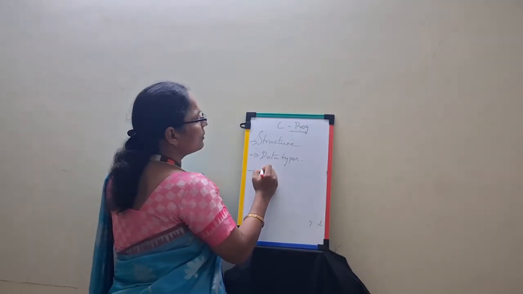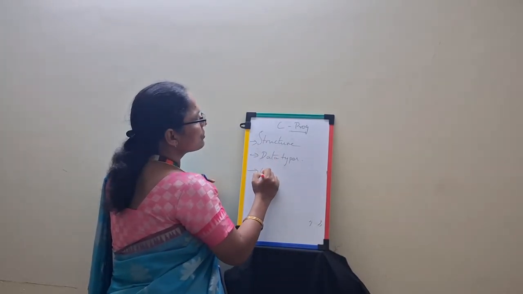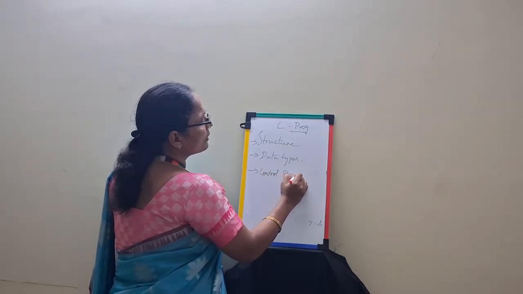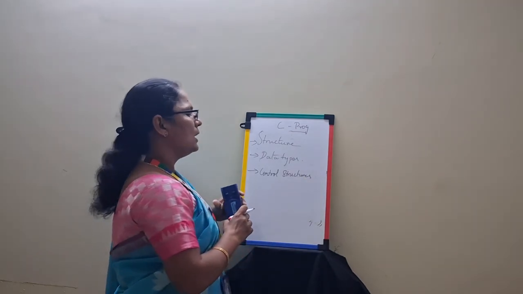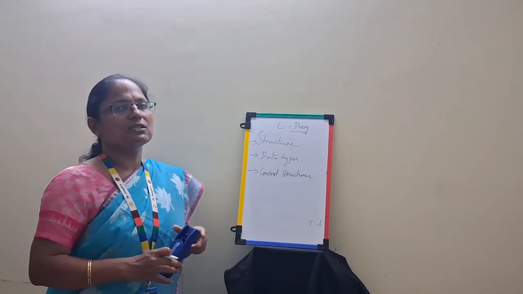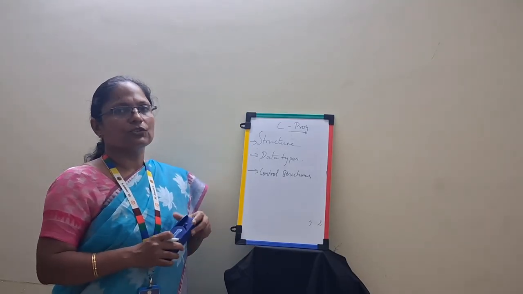Then we saw simple C programs, and then we saw control structures: if conditions, while, do while, for, and switch case. So I hope you have understood the small introduction to C programming.